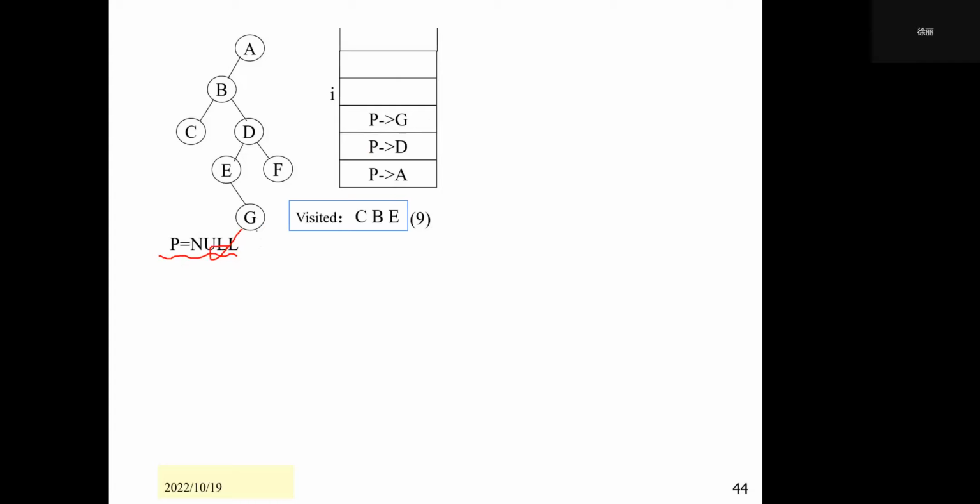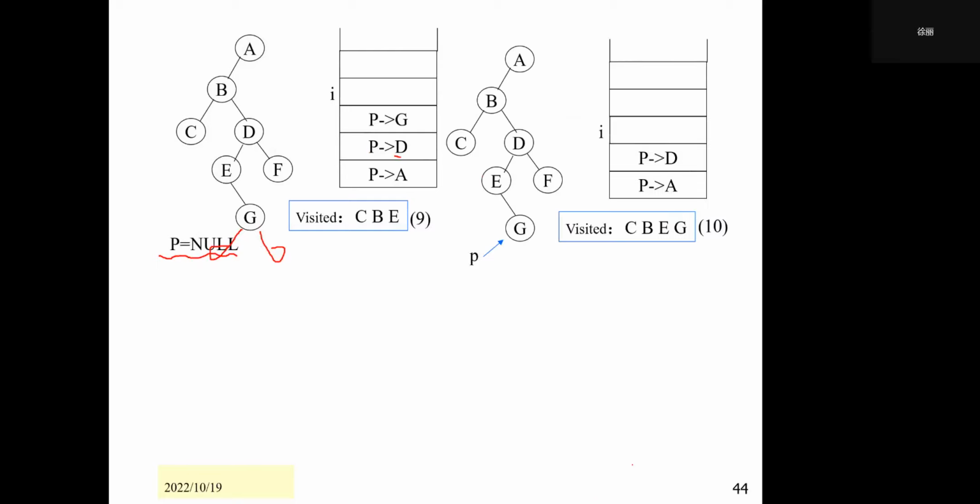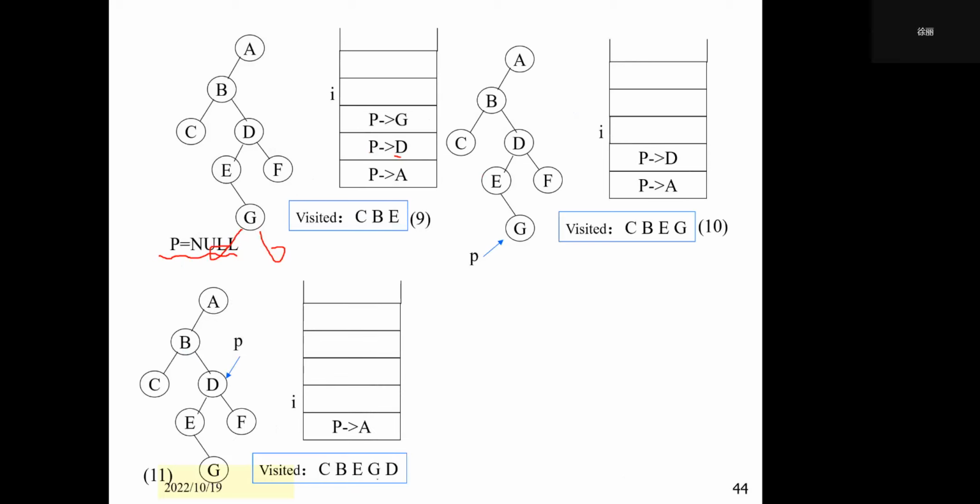Of course, the right of G is null too, so we will pop D from the stack. So we visit D here. And then every time we visit a node, we will go right. Do you remember? We pop and we visit, and then we go right.